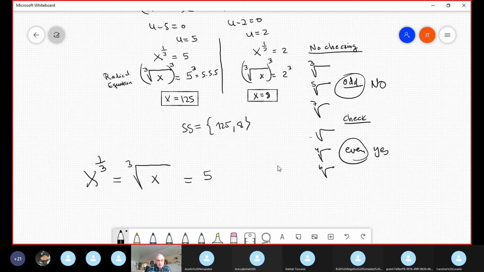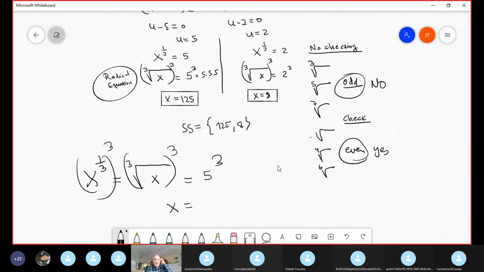In order to isolate x, I need to remove everything to solve for x. You raise to the cubic power here, here, and here. This is the key idea always in radical equations, because this allows us to eliminate the radical. Cubic root and cubic power give 1.